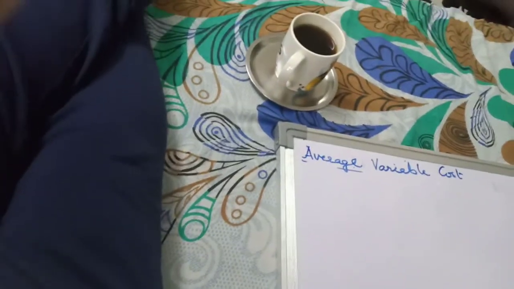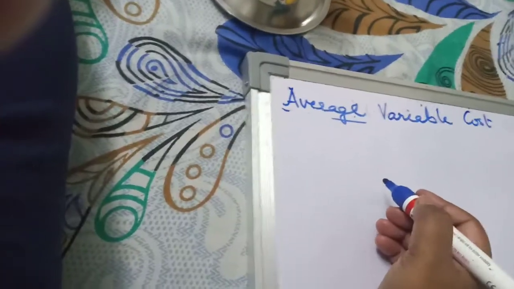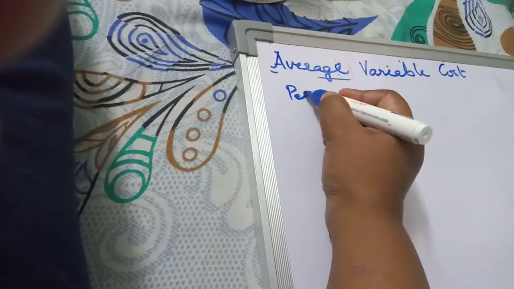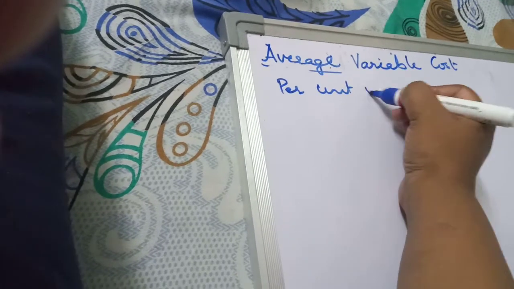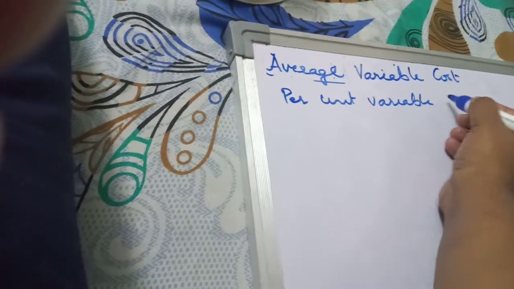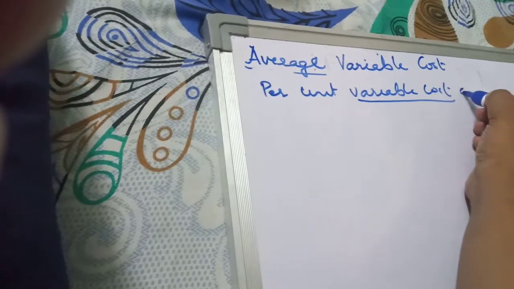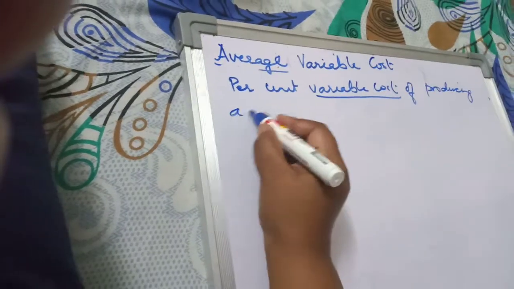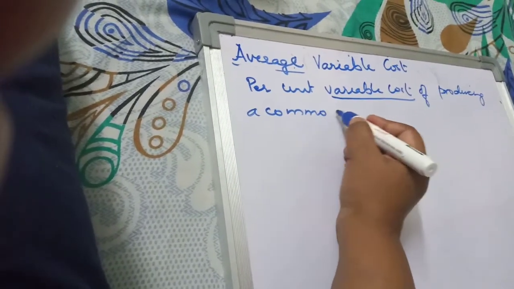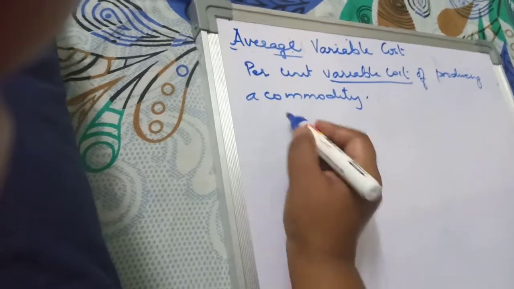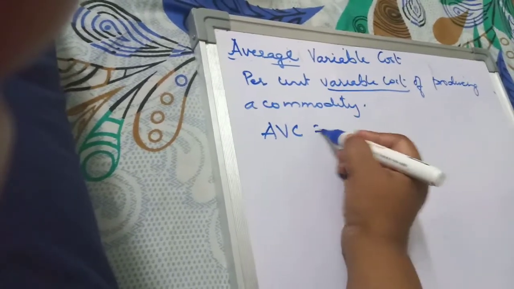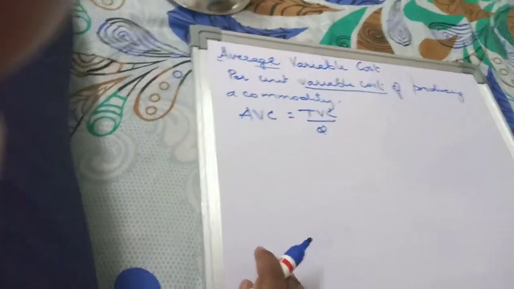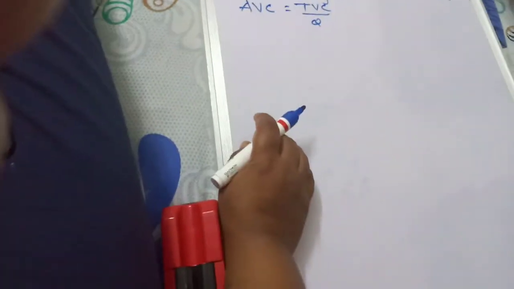If average fixed cost was the per unit fixed cost of producing a commodity, then average variable cost would be per unit variable cost of producing a commodity. Okay, so AVC, that is the average variable cost, is equal to TVC upon number of units produced.